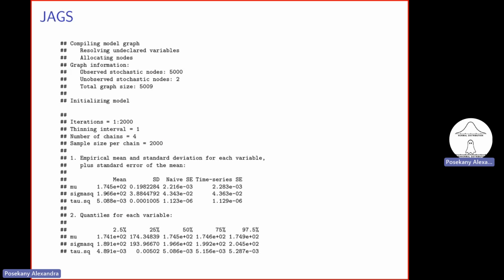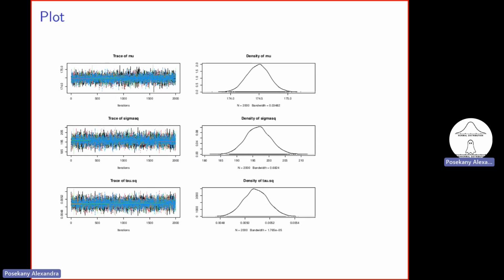So this is what it is meant for, and this is why this automatically happens. Here it says thinning is 1, so it keeps every single value. We do not reduce it. And to show you the traces, this is totally justified for the algorithm which we have here. Nothing too bad is happening, neither with the simulated tau squared, nor with the inverse which we compute from it.